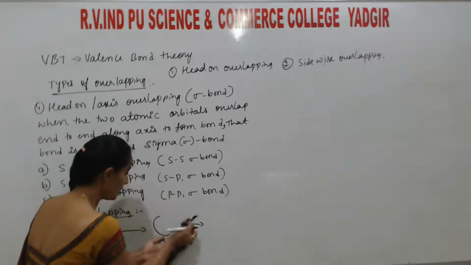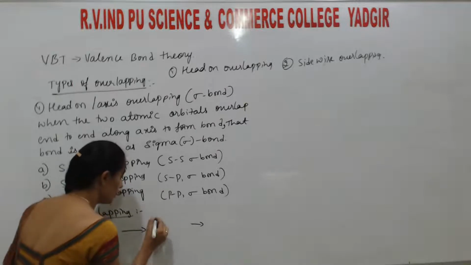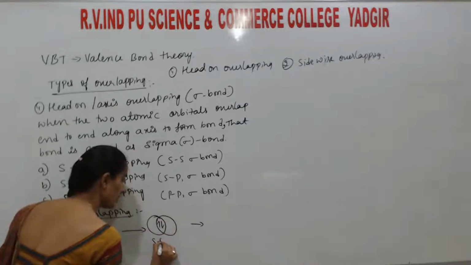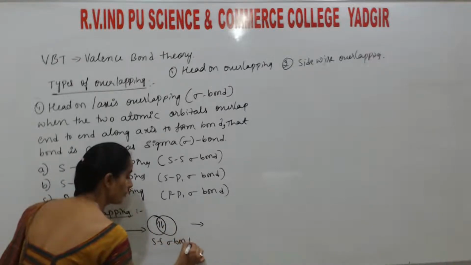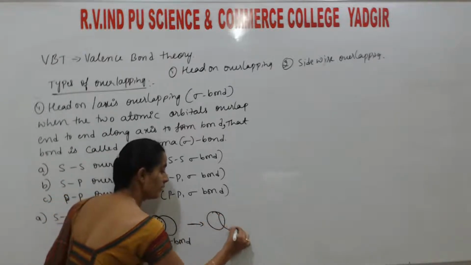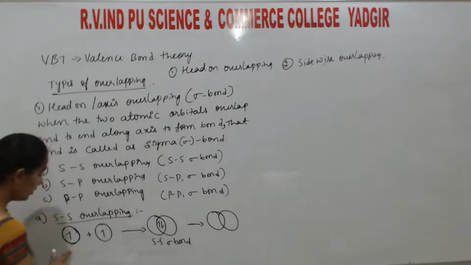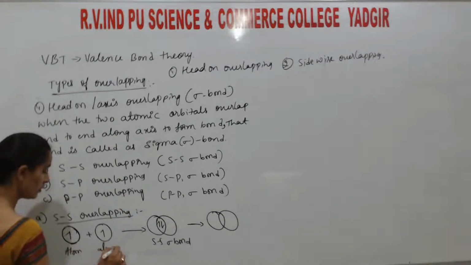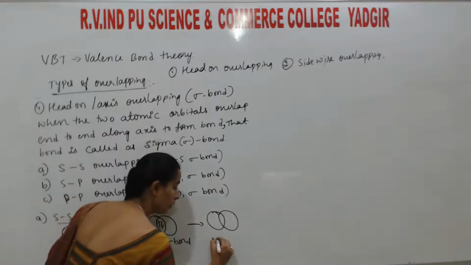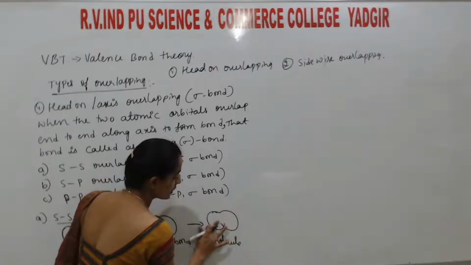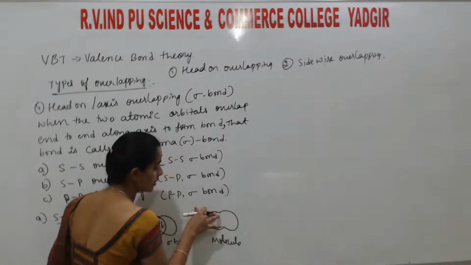I'll completely represent this. This is SS sigma bond. Same molecule, if I write it again, here they are atoms. The bond is formed and they become a molecule. When it is a molecule, the shape of the molecule is like this.